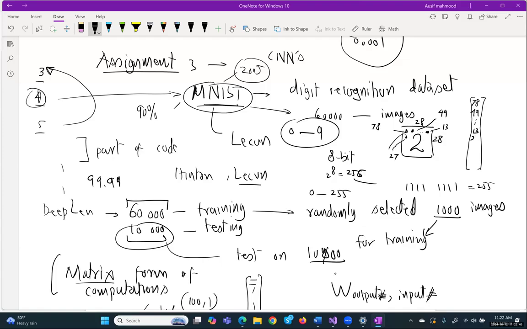So then after 13, I can put 27. So row by row, I can just keep going. Suppose the very last number is 127. So as I put all of these pixel values into a column of numbers, as you can see, 28 by 28 is 784. So all the pixel values in this image can be represented as a 784 by 1 vector, right?